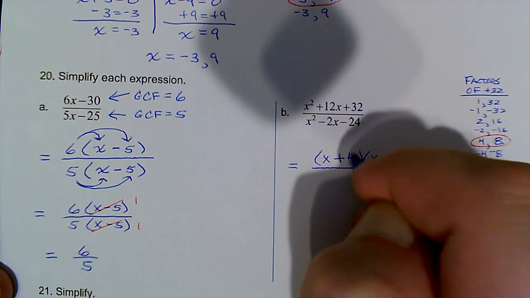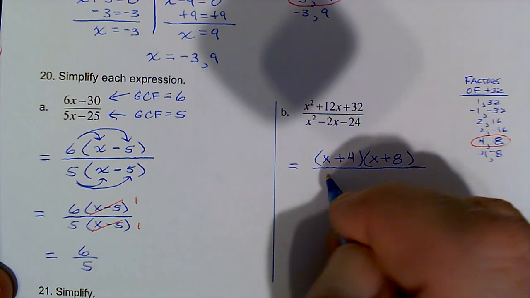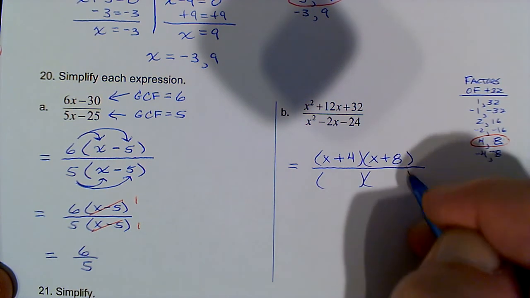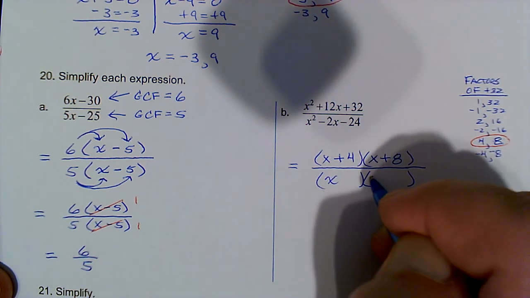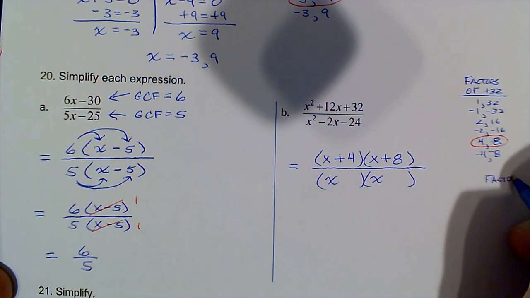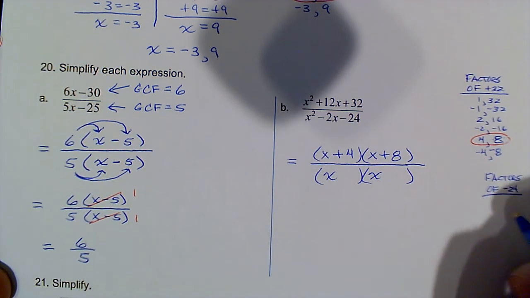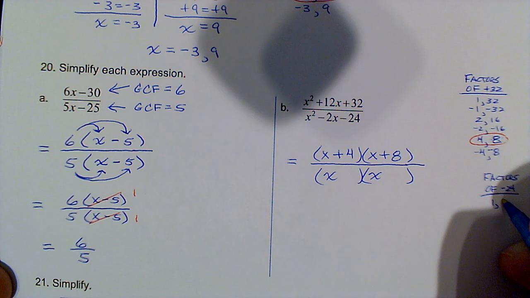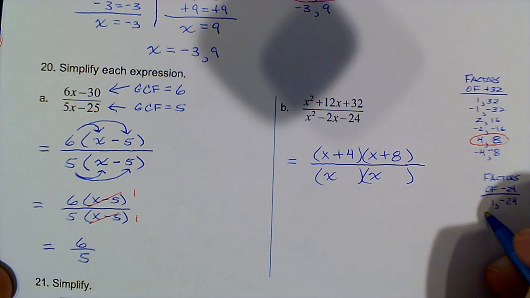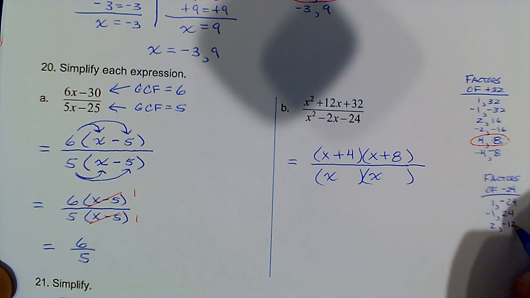So x plus 4, x plus 8. And then for the denominator, same idea. x and x. Now we're looking for factors of negative 24 that combine to give us a negative 2. So 1 and negative 24, negative 1, 24, 2 and negative 12, negative 2, 12.